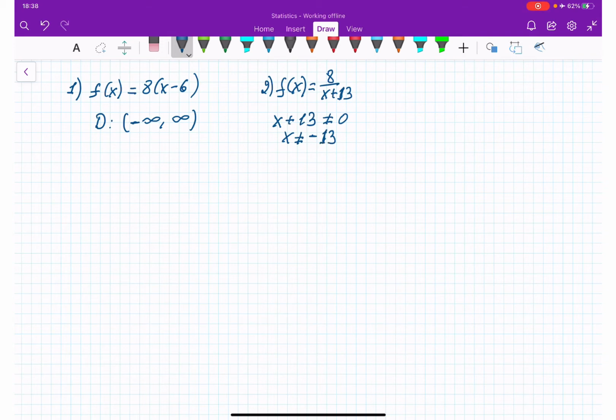So let me explain. If this is my negative 13, so I can have all numbers. This is negative infinity. Okay, let me make it better.